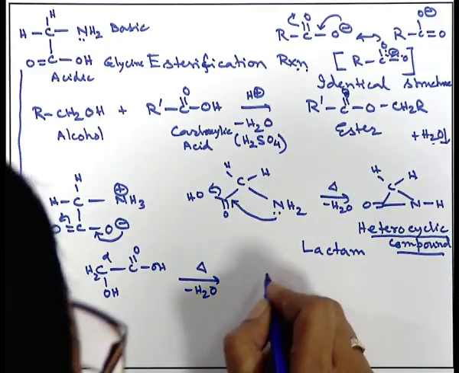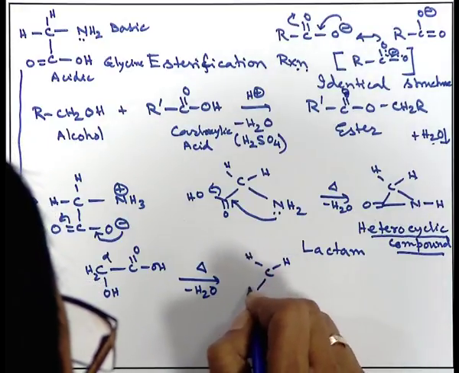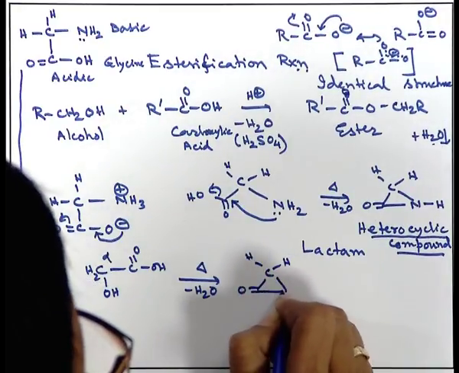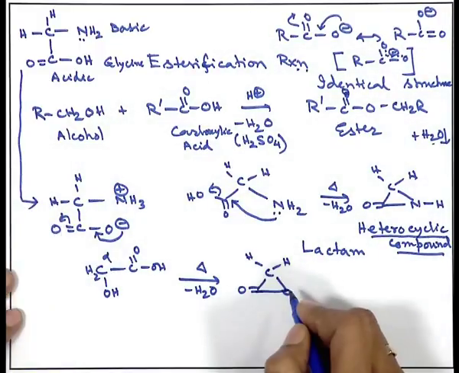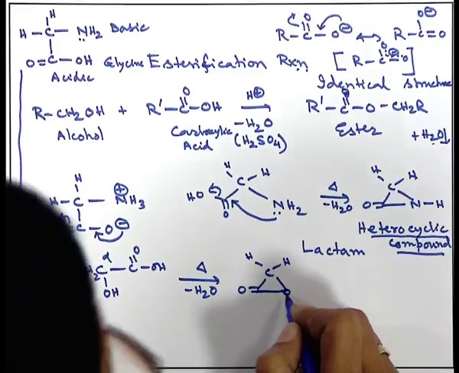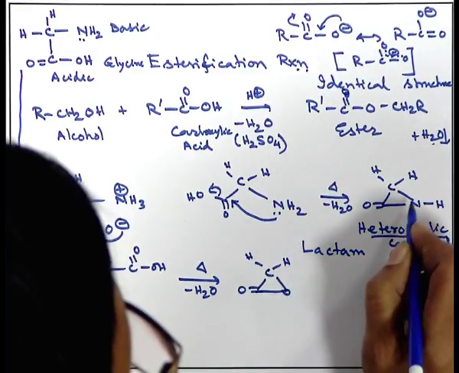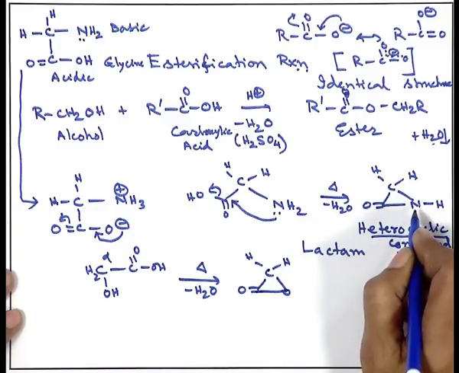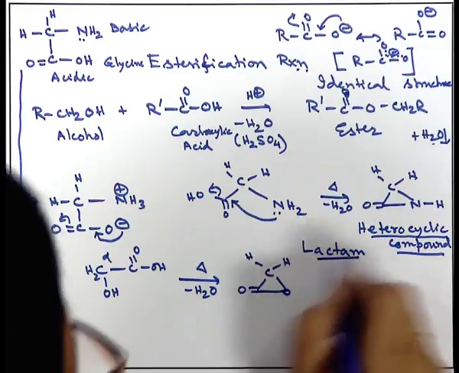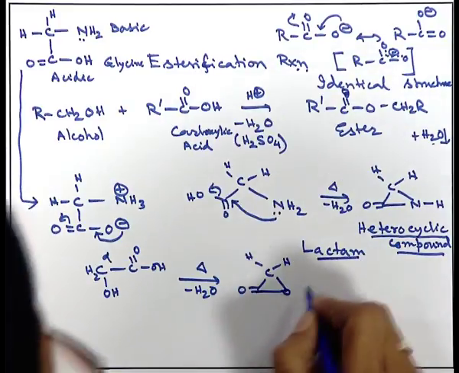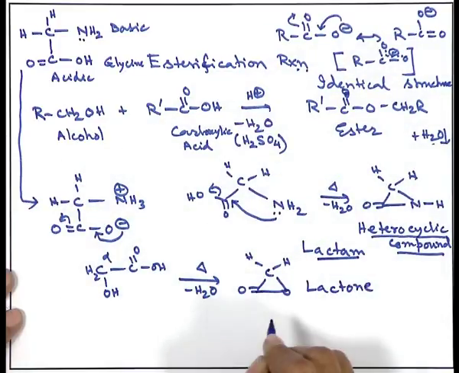It can also form a similar sort of compound like this, but the difference here is in the 3-membered ring the oxygen is there as one member. In the other case, in the 3-membered ring, not oxygen, but nitrogen is there. So, this type of compound is called lactam, and oxygen containing compounds will be called lactone.